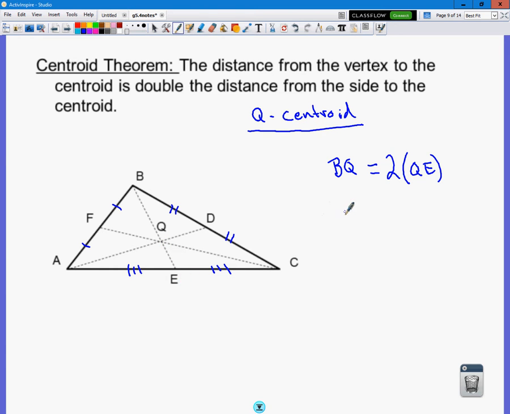The same thing would happen here. CQ is going to be 2 times what? QF. And AQ is going to be 2 times QD.